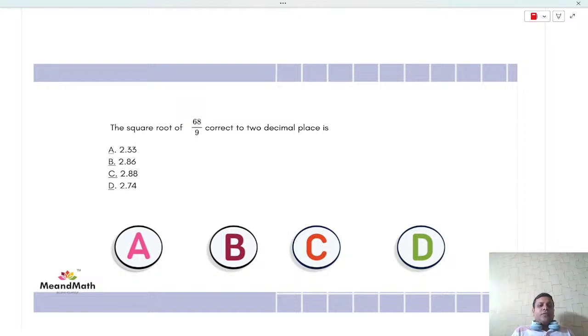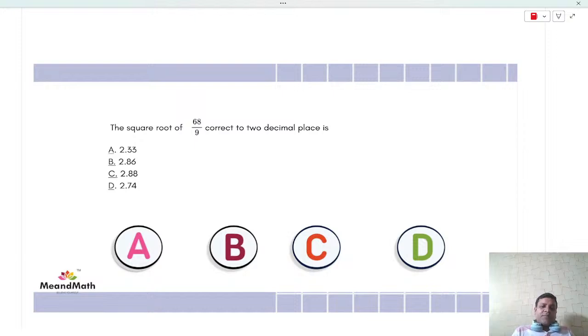The square root of 68 upon 9. You have to find the square root of 68 upon 9. If you see, 9 is a perfect square number, but 68 is not a perfect square number. So the answer is in decimal. So which is going to be the correct option here? 2.33, 2.86, 2.88 and 2.74.